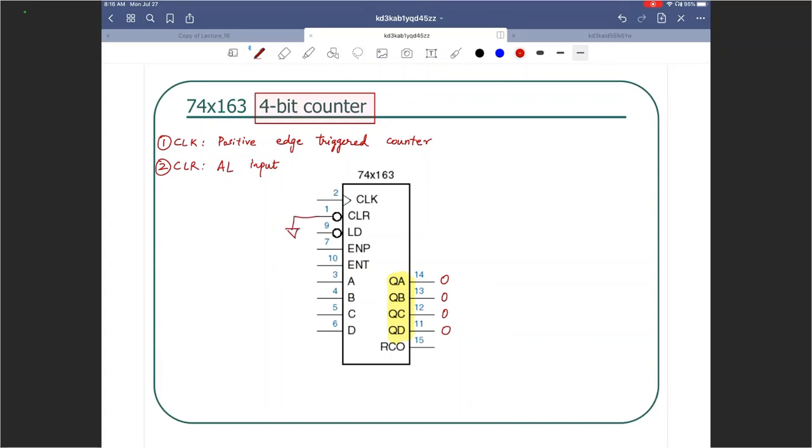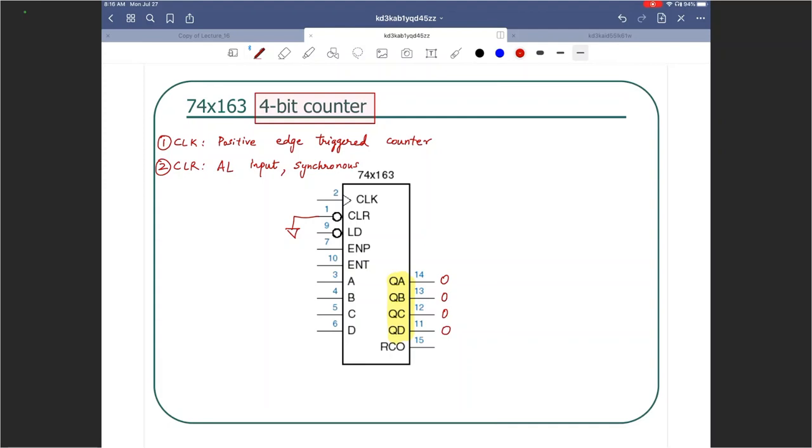So if I activated clear and a positive edge on the clock is observed, then the outputs of this chip will go to all zeros. They get cleared. So it's an active low input, and I should also add that it is in sync with the clock. So it's synchronous.